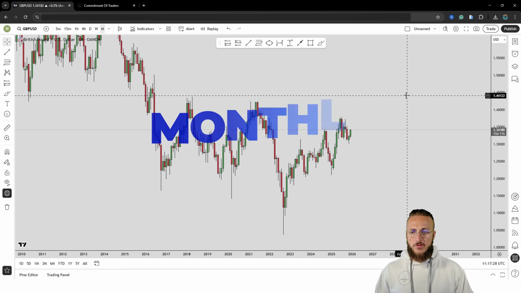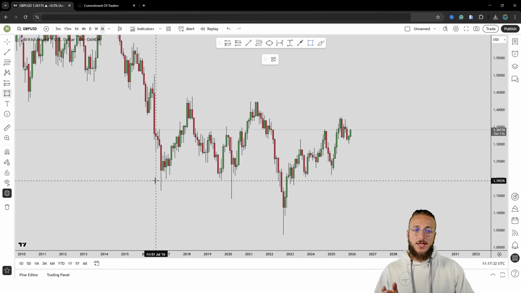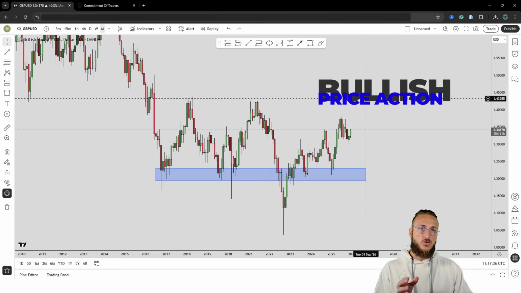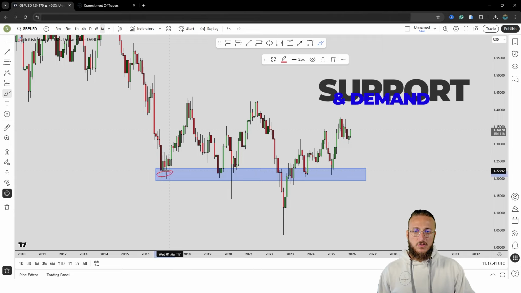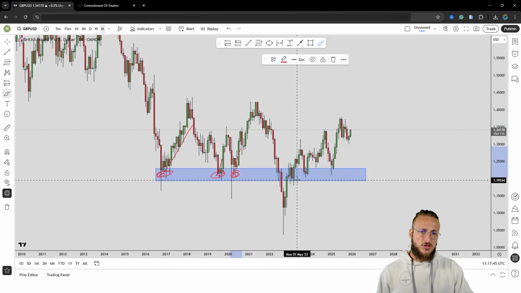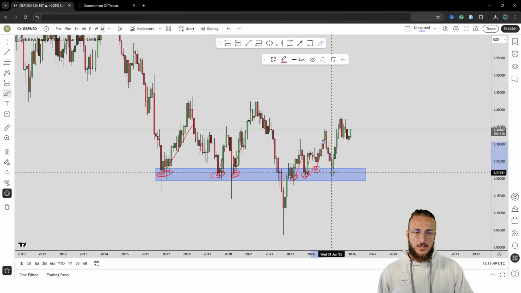Now, starting here from the monthly time frame, what we can see is that we have a market which at the moment is testing and rejecting to the upside a quite strong historical monthly demand and support zone. In fact, from here, all these previous rejections to the upside were created. Every single time the market tested this zone, it rejected it to the upside quite aggressively.